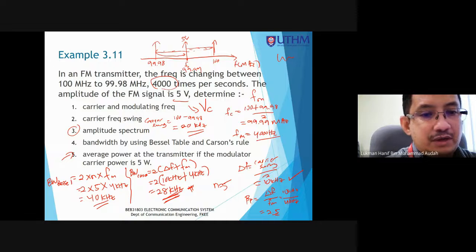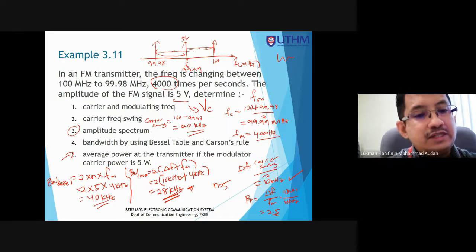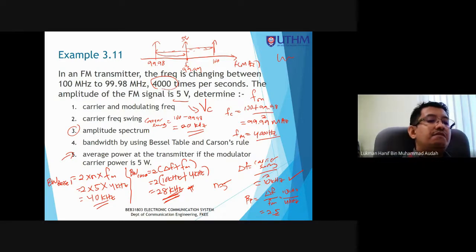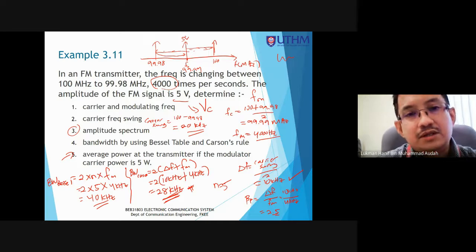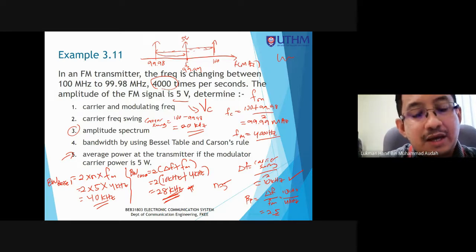Find the average power at the transmitter if the modulated carrier power is 5 watt. It actually asks us to find the power of the transmitter.